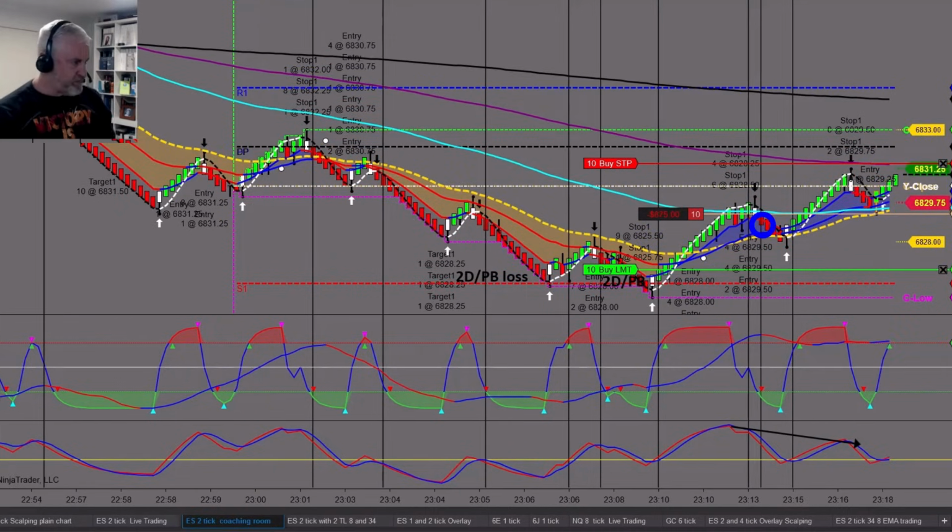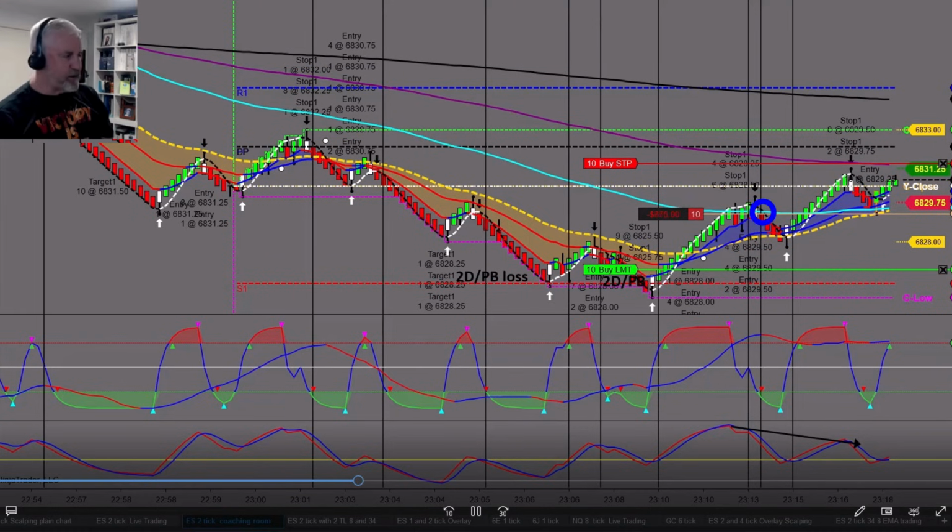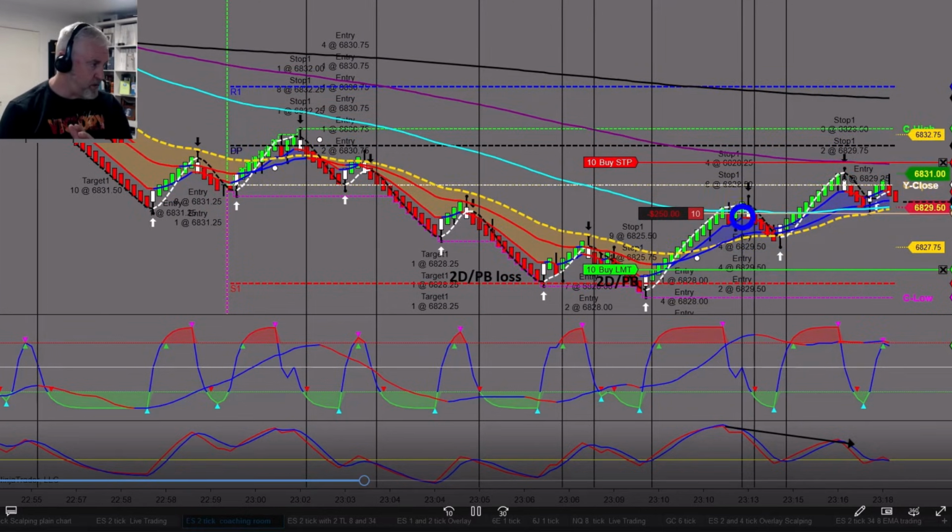It started to level out. Now I left my 10 tick stop loss in place, and that's all that saved me there. Normally I might have tightened it up, but here it did keep me in. You can see where my stop is here, but that's where a safer entry would have been, just there. Okay, so just wanted to point that out.